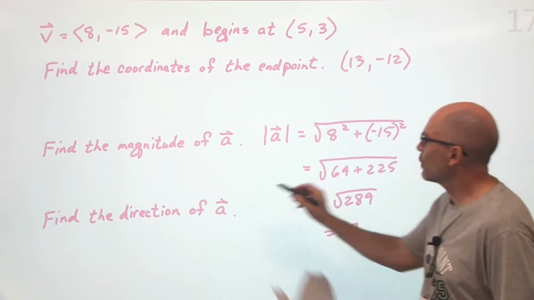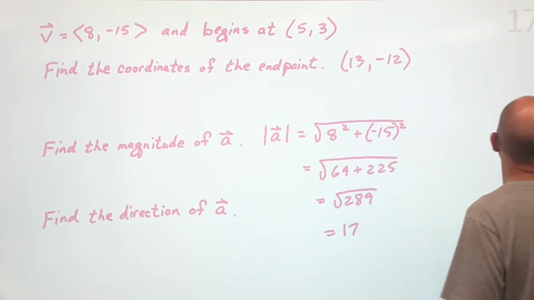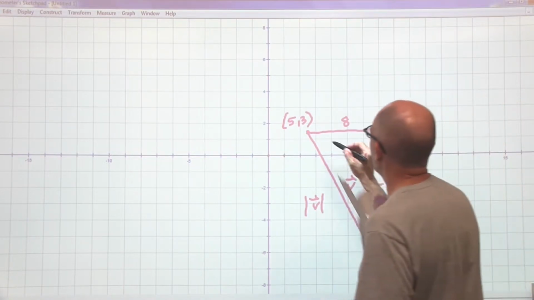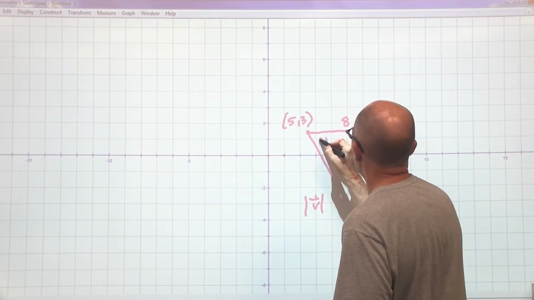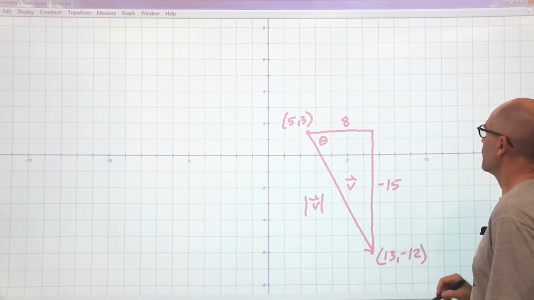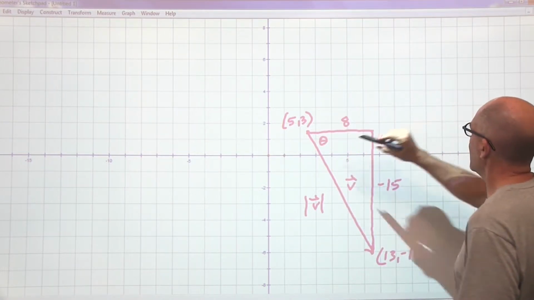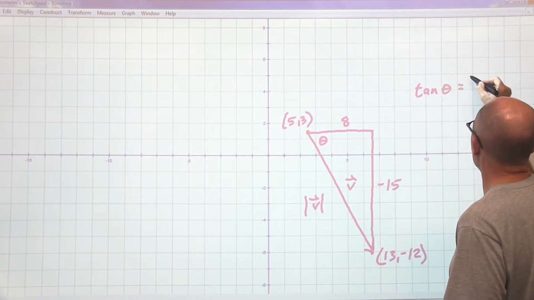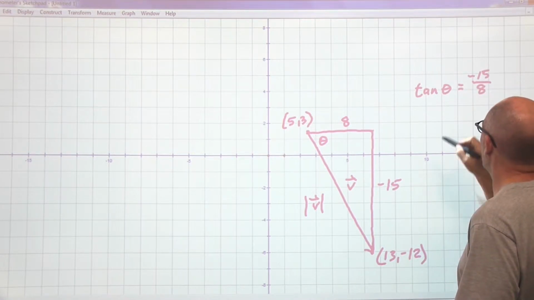Now, the direction of A. Going back here, what we want is just the theta right here. So tangent theta equals negative 15 over 8, opposite over adjacent.